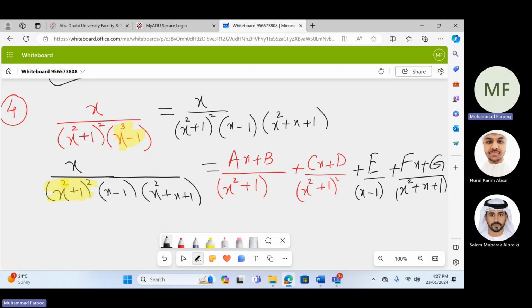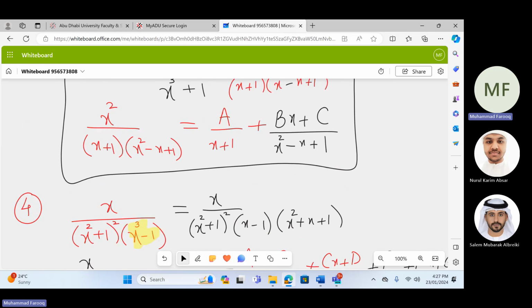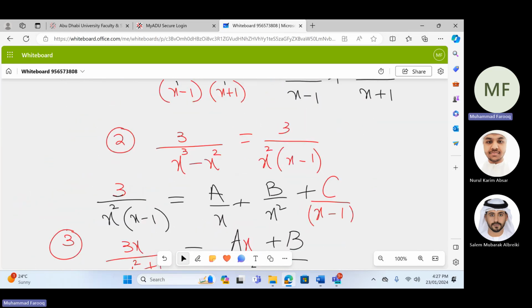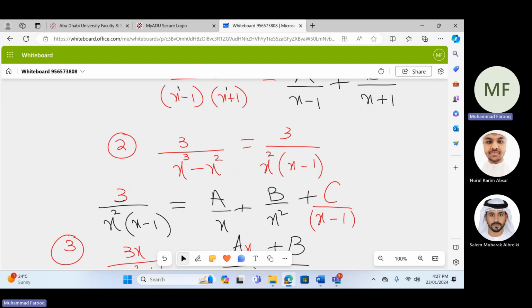Sometimes you have to try, like before I put the question. Where is that degree 3? Look here. You factorize, it becomes a quadratic and a linear. Power 3 or more, we cannot answer by partial fractions.